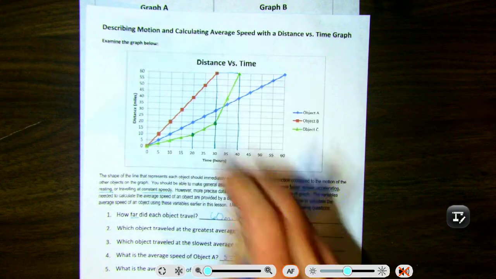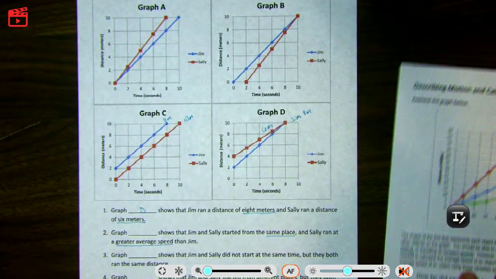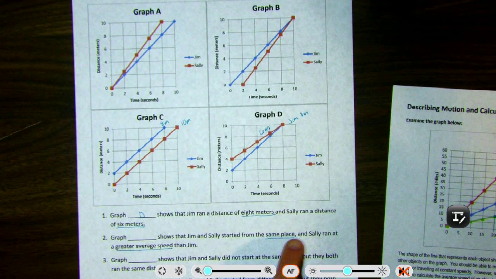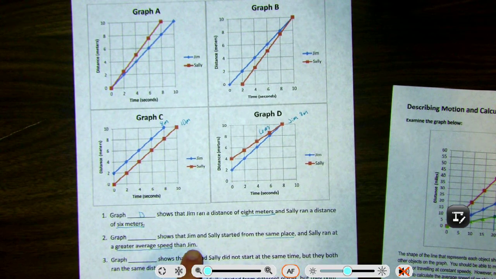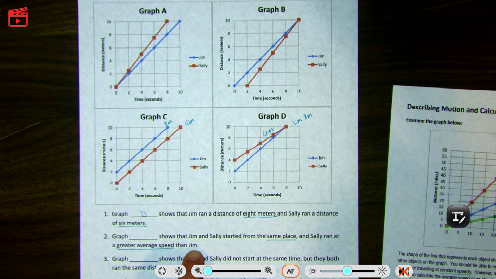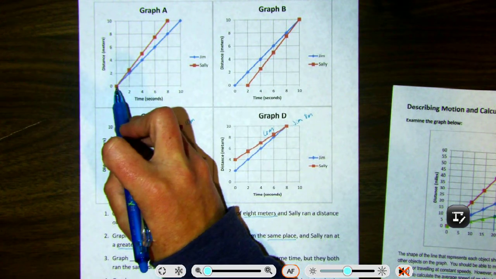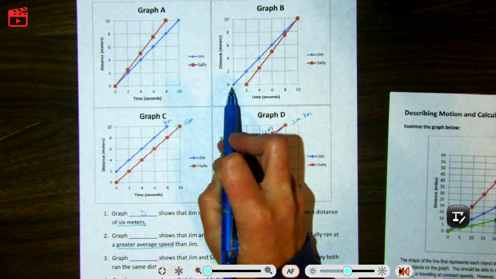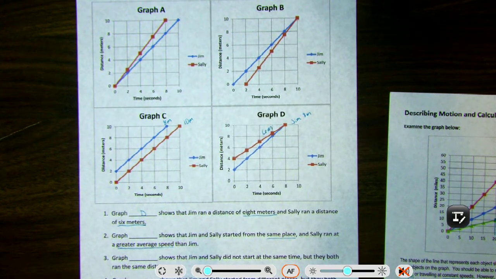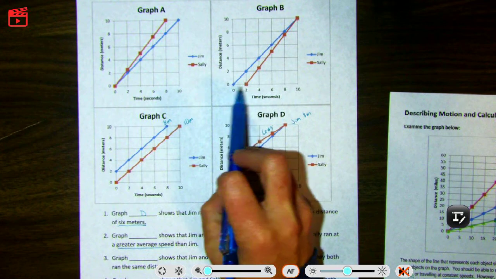It was a steeper line than the blue one over here. So we need Sally to have a steeper line than Jim, and we need them to start out at the same point, right? So we can see they started at the same point there. That could be our graph. They did not start out at the same time there, but they did at the same point. That could be our graph.